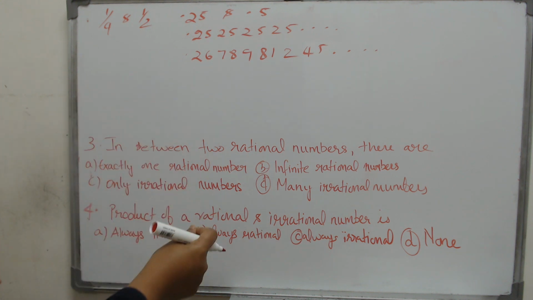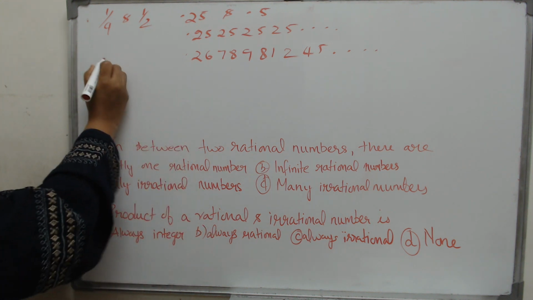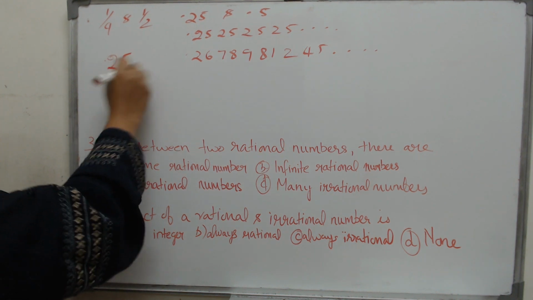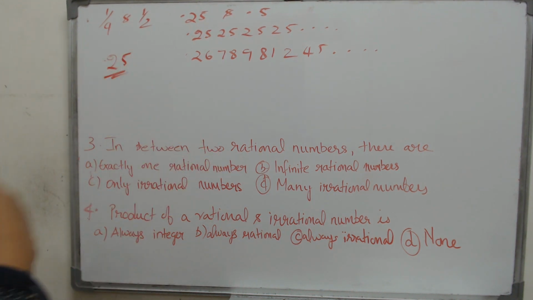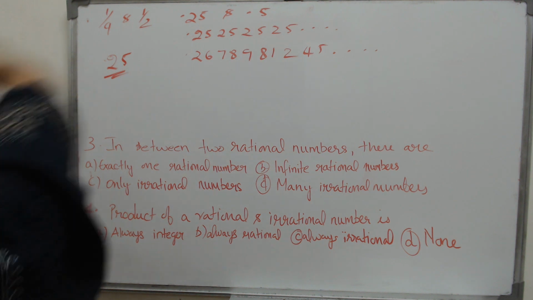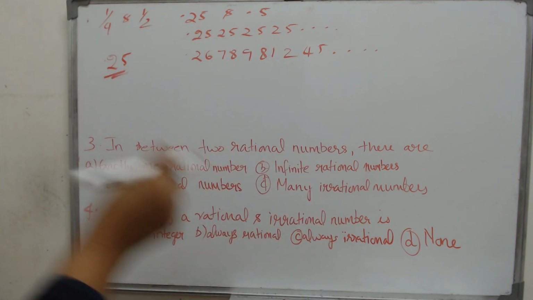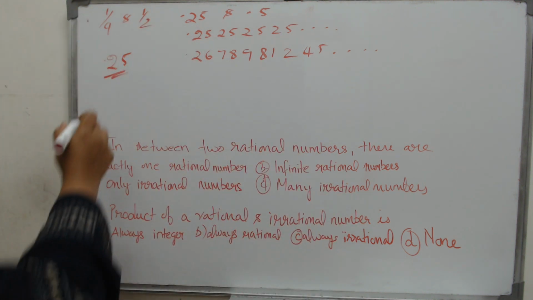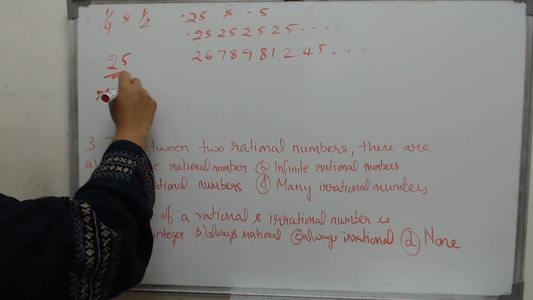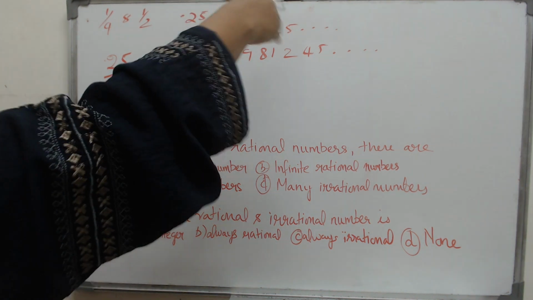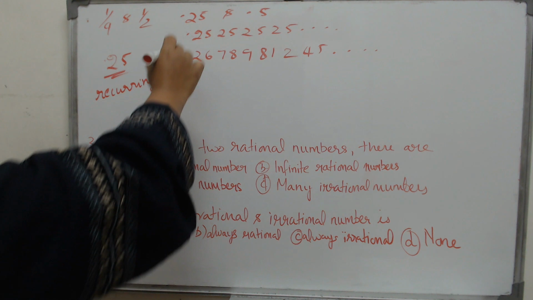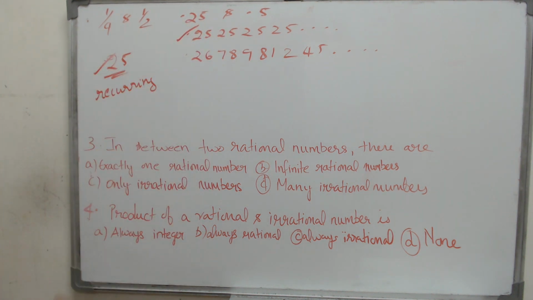It can terminate, or it does not terminate. What does terminate mean? It stops here. It does not terminate means what? It goes on and on and on. But then it should be recurring. It should be the same thing happening again and again. Such numbers are called rational numbers.